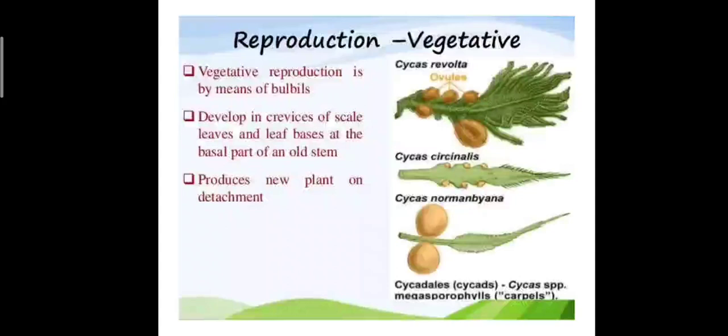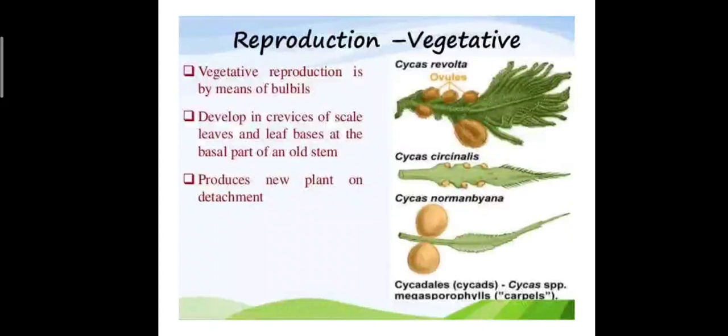So these adventitious buds or bulbils develop from the basal part of the stem. Actually, they have persistent leaf bases along their stem, so they develop through the crevices of these leaf bases.